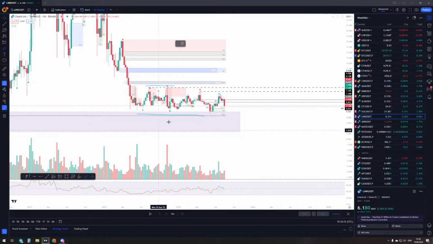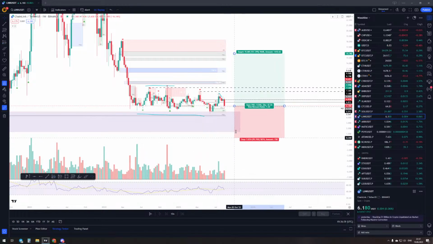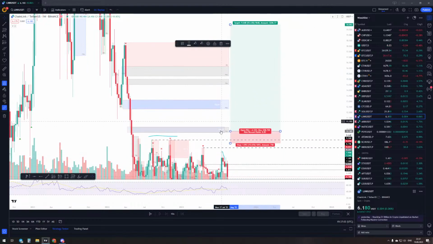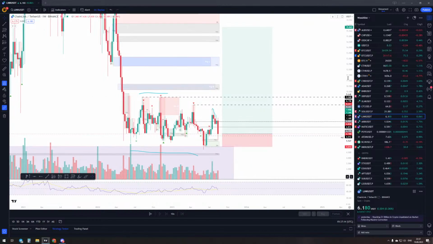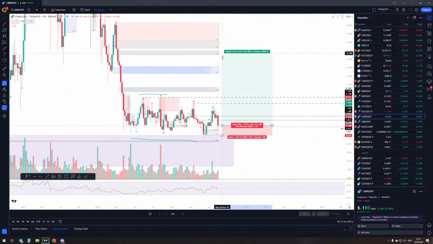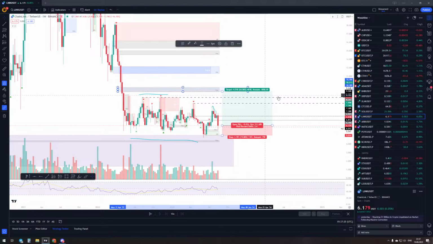So what I can expect from Link is we can put our stop under this order block, don't look at the percentage, if we want to be super conservative, and the take profit is going to be this fair value gap on the weekly.